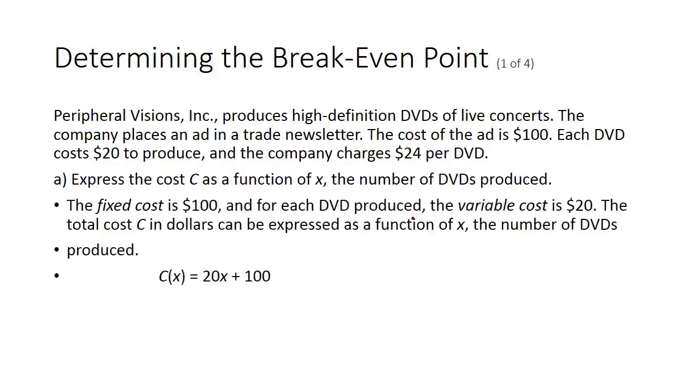That's how you do that. So for the equation, the $100 is a fixed number, which should be added to 20 times X. X is the number of DVDs that you sell here. So the cost would be 20X plus 100.